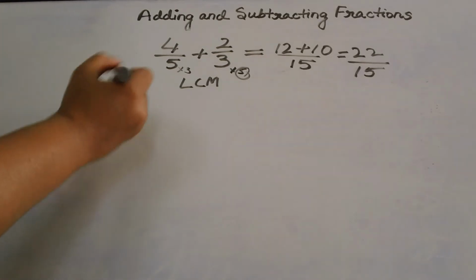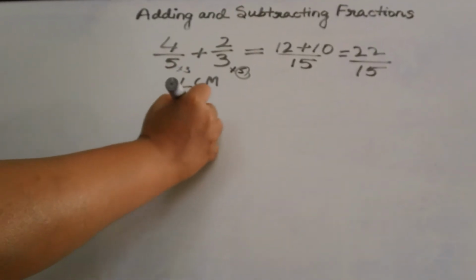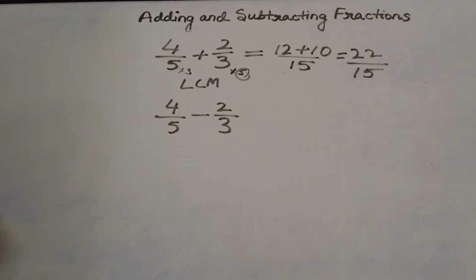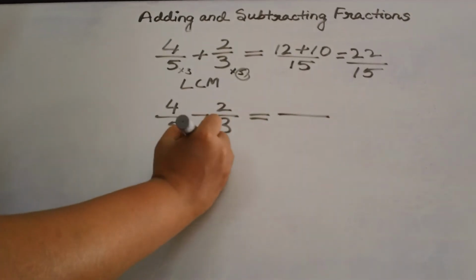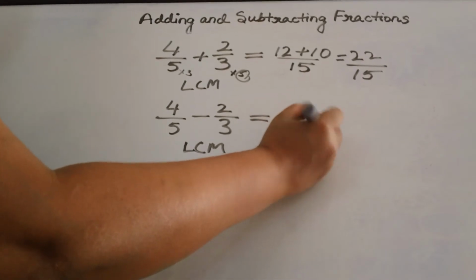Now if we want to subtract 4 by 5 minus 2 by 3, where the denominator is not the same, we do the same thing. We need to get the least common multiple, which in this case is 15.